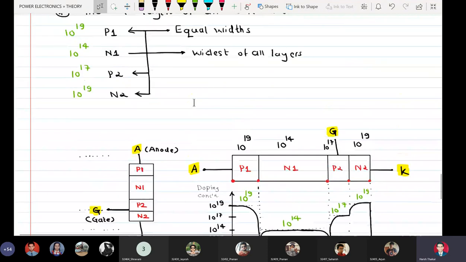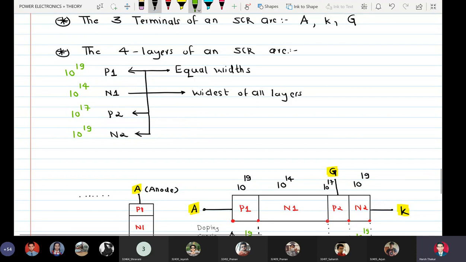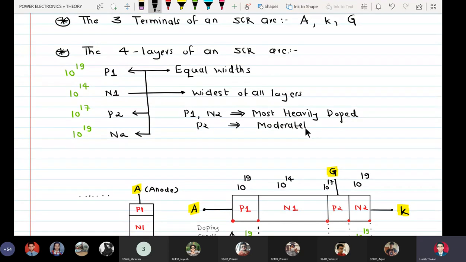Okay, so we can say here that P1 comma N2 are most heavily doped, P2 is moderately doped, and N1 is most lightly doped.